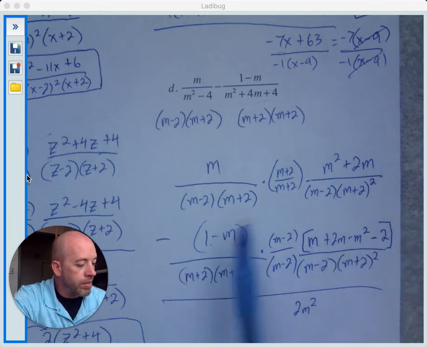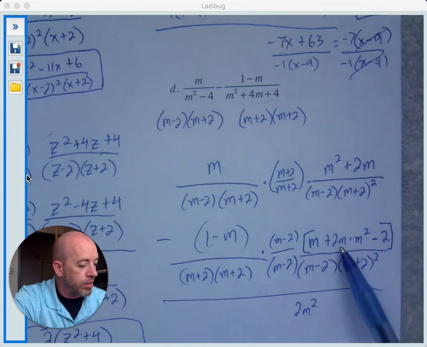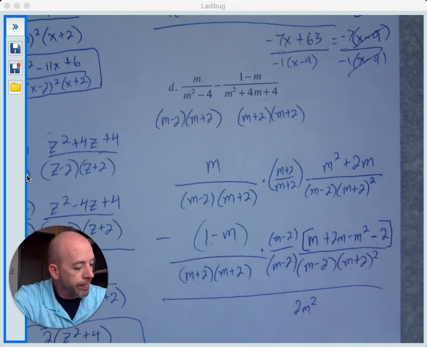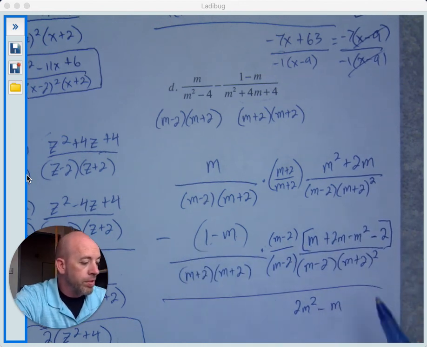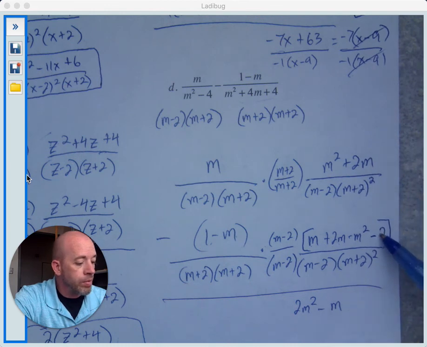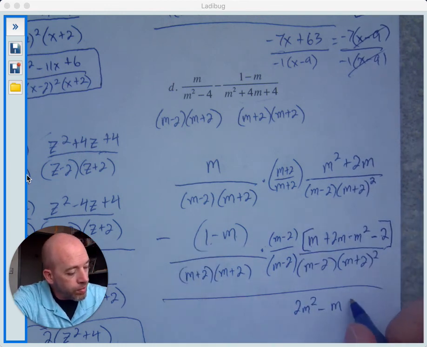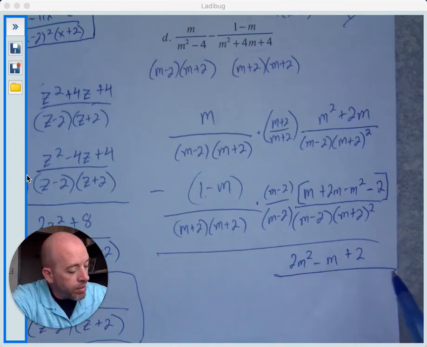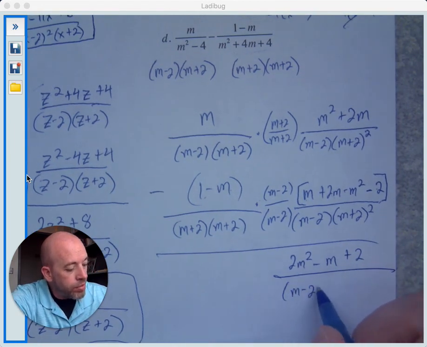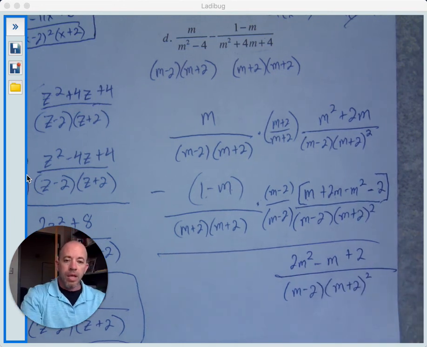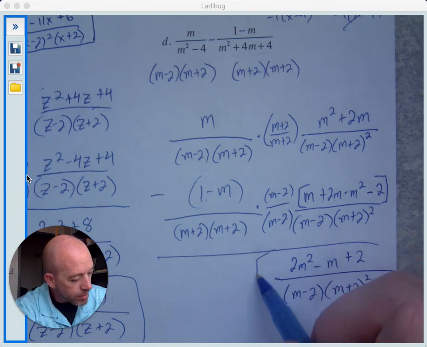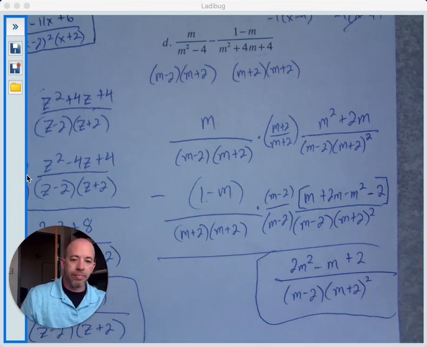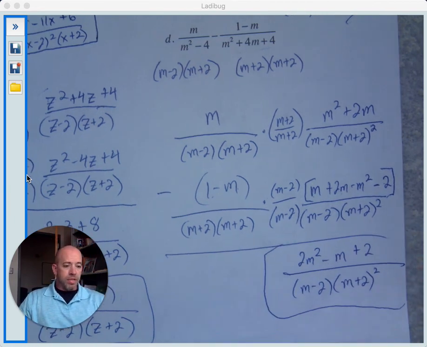So the 2M minus 2M, those would go away actually, but we still have a minus M. And as far as the numbers go, we just have a negative 2, but that's minus a negative 2, so we have plus 2. And then we have our denominator, M minus 2 times M plus 2 quantity squared. And that would be a fine answer. So that's it for this section, and we'll see you on the next video.